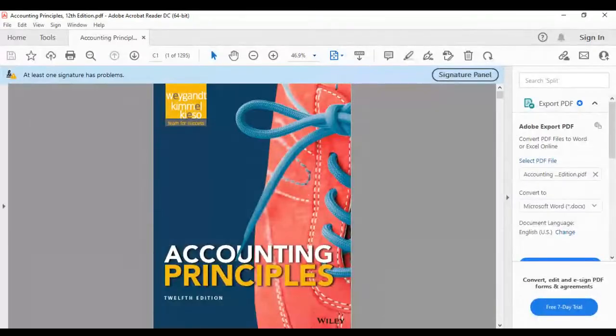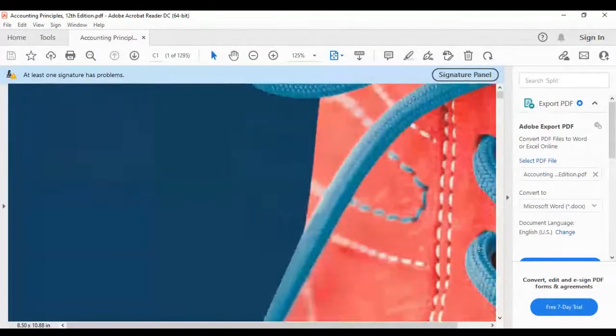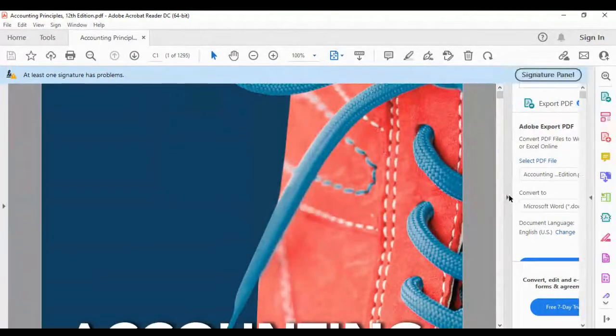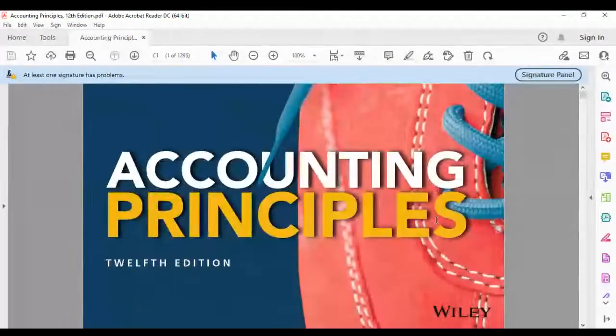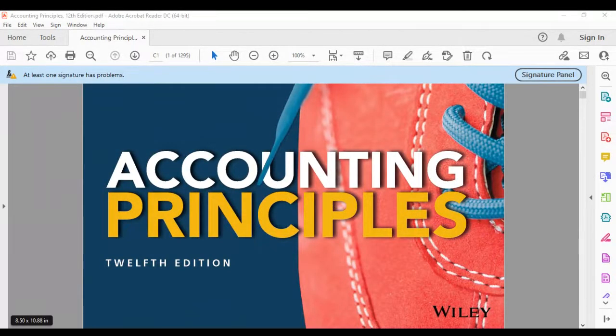The textbook is the same which we used before in Accounting 1. I'll just show you. This is the book we will be using. Any question about the book, its availability, any issue?